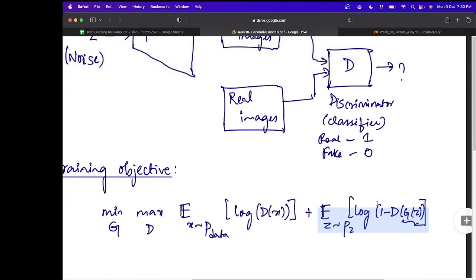You can see that previously the D was taking the input as X. Now the D takes the generator output. So the generator output is given by G of Z, right? Z is the latent vector, latent noise, right? So this D of G of Z should be as low as possible, right? That is ensured by this 1 minus.